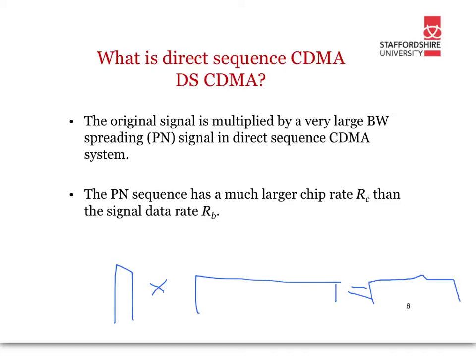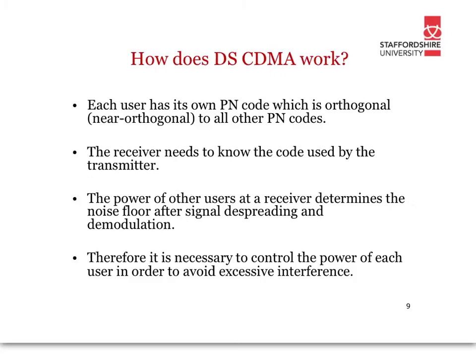The PN has a much larger chip rate or frequency than the signal data rate. So what we're essentially doing is, if we have 1 bit of message, we're multiplying that by multiple chips for our code. We will go through this in the next few slides.